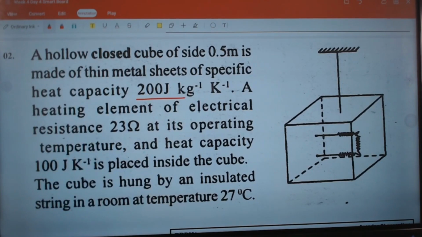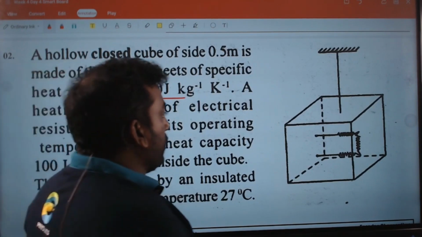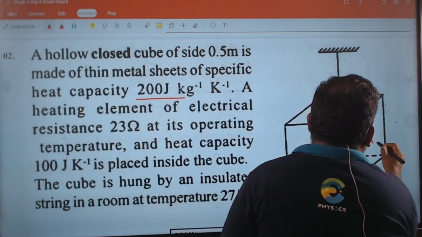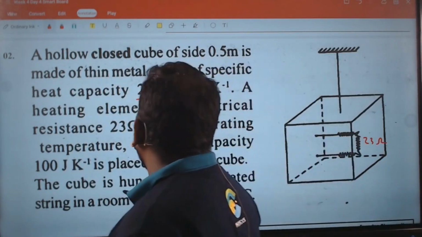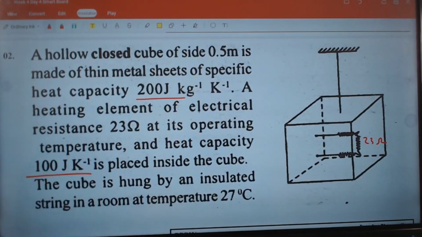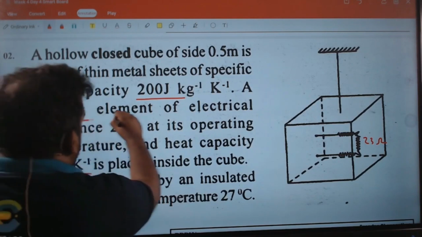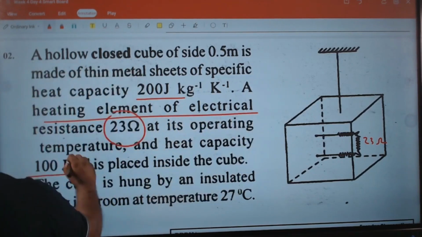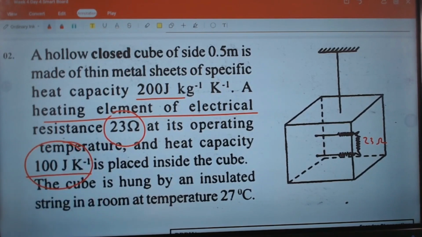A heating element of electric resistance 23 ohm and a heat capacity of 100 joules per Kelvin is placed inside the cube. So the heating element has a resistance of 23 ohm and a heat absorption of 100 joules per Kelvin. The cube is hung by an insulating thread at room temperature 27 degrees Celsius.